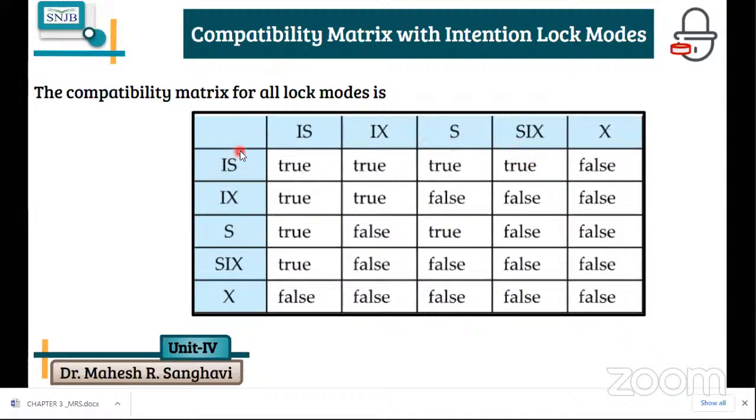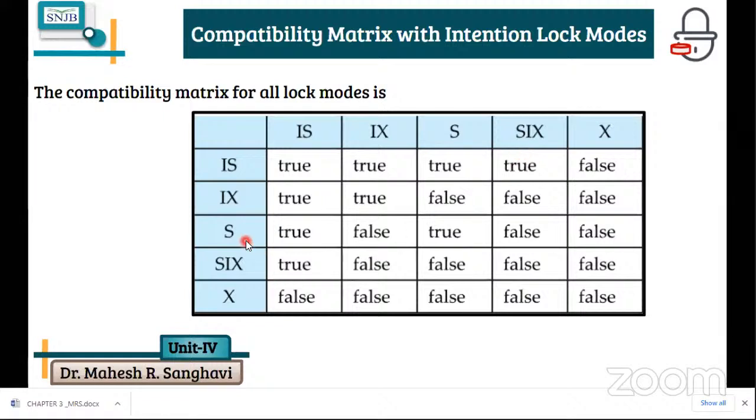So once the data item is locked using IS, IX, S, and SIX are permitted. That's the beauty. When you are using IX mode, then IS and IX are allowed. You might have seen in the explanation of IX itself that it allows shared as well as exclusive intention, but the rest are false, meaning shared, exclusive, and SIX will not be allowed.